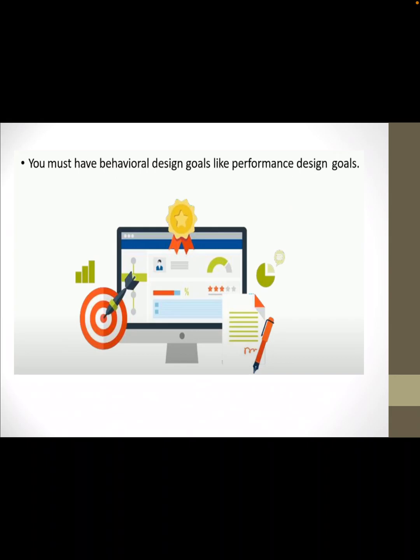Next observation is you must have behavioral design goals like performance design goals. When you are developing a design for a GUI or any web-based interface, you should not only talk in terms of performance. You have to design in such a way that considers the benefit of that design to the user, and how your design is different from others.